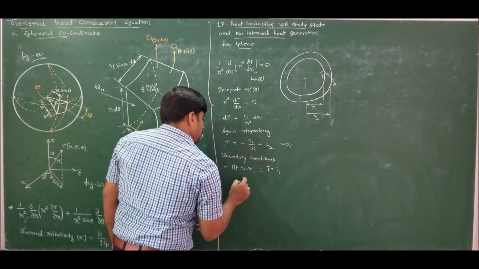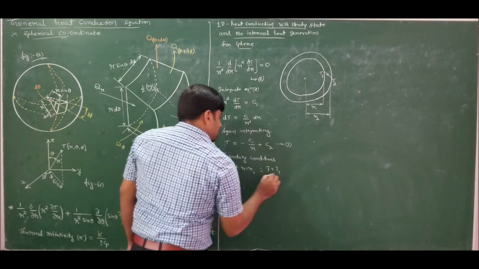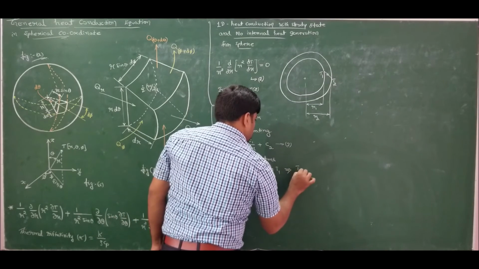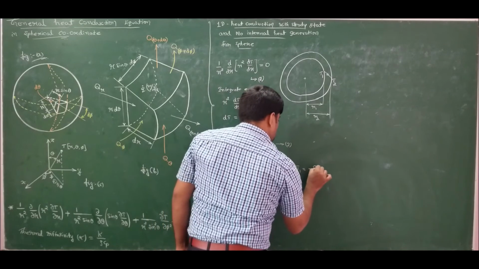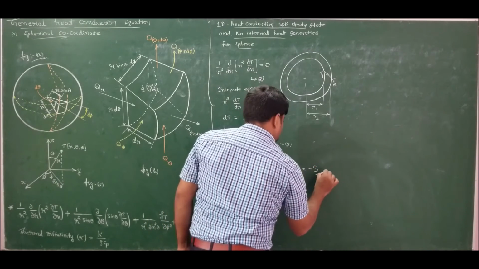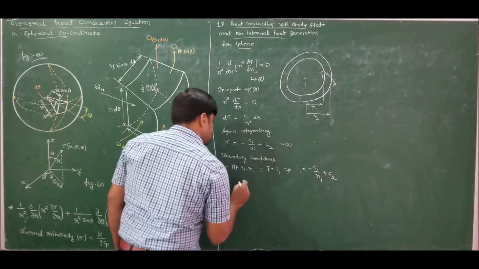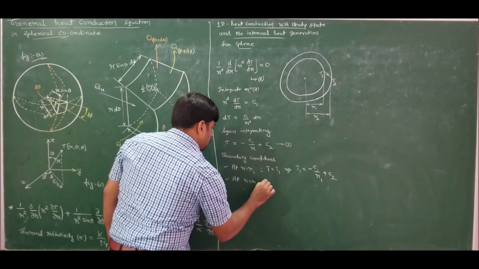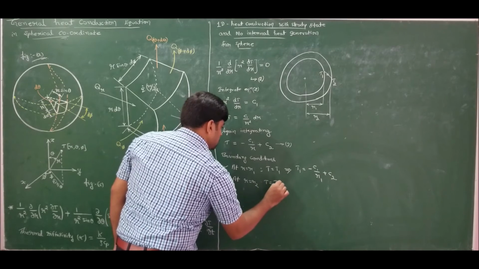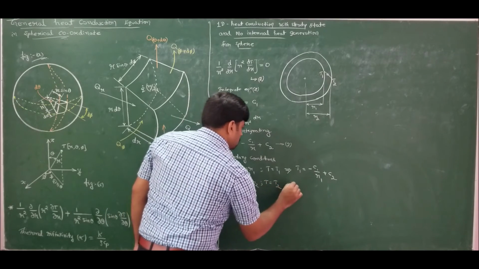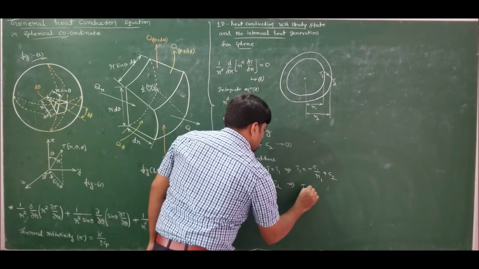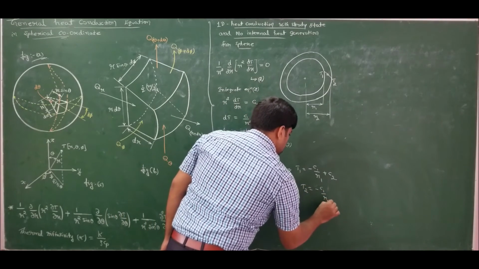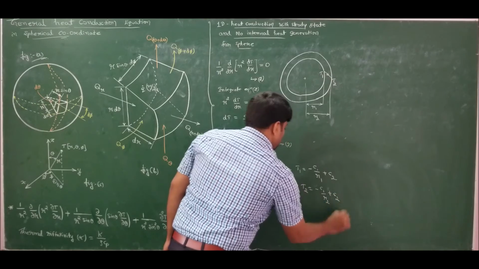So therefore, if I substitute, I will get T1 is equal to minus C1 by R1 plus C2. Second, at R is equal to R2, we have temperature T is equal to T2, which yields us T2 is equal to minus C1 by R2 plus C2.